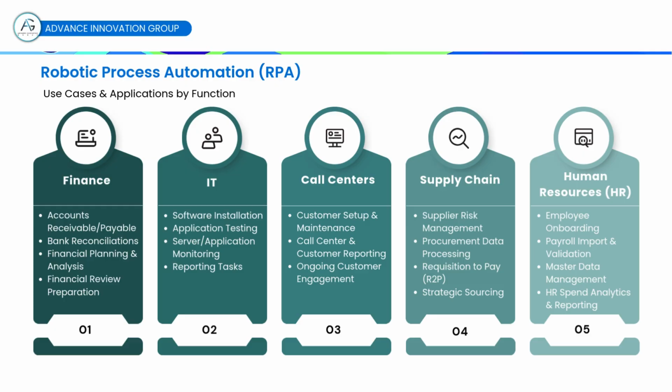Can experience volume surges like payroll during month-end. 4. Low complexity. Rule-based logic with minimal exceptions. 5. Highly standardized. Minimal process variation and clear inputs, outputs. If a process ticks at least 3 of these boxes, it's a great candidate for RPA.